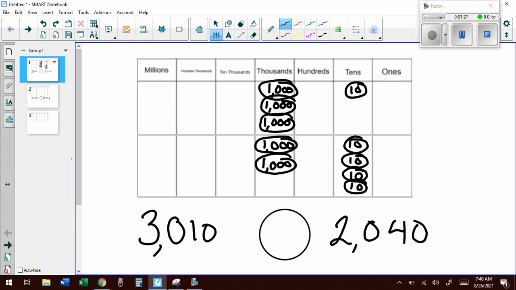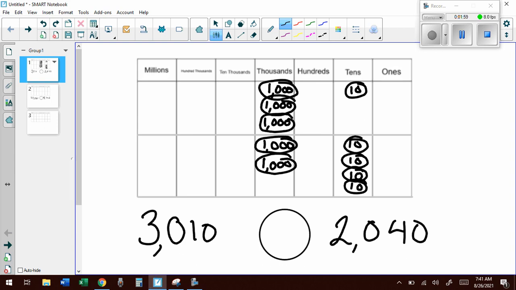Well, 2040 is greater than 3010 because there are 4 tens in 2040 and only 1 ten in 3010. Then you could look at it from the other way and say that 3010 is greater than 2040 because there are 3 1,000s in 3010 and there are only 2 1,000s in 2040.